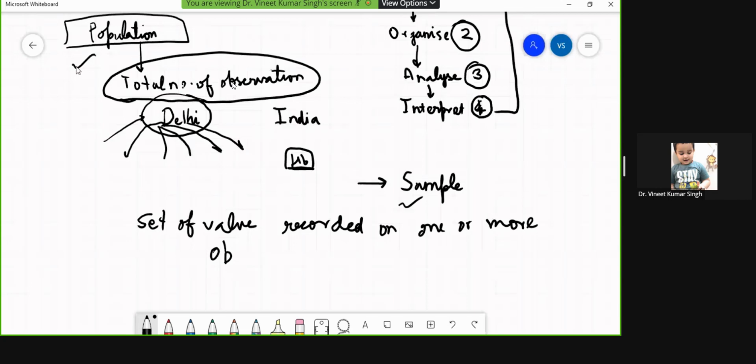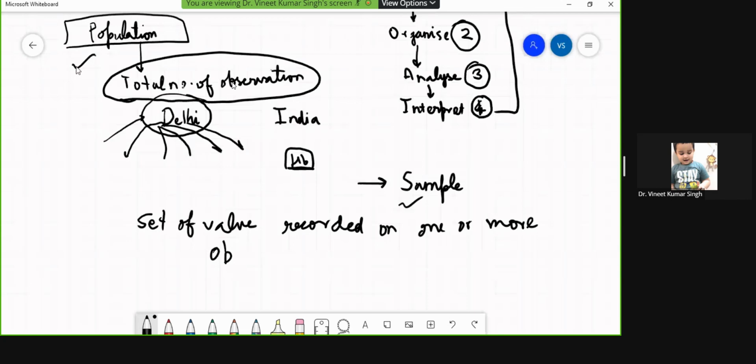Okay. Another thing is variable. Terms याद रखें. You have to remember the terms. Population, then sample, then data, and now next is variable. Generally we collect data which varies from individual to individual. यही data collect करेंगे.